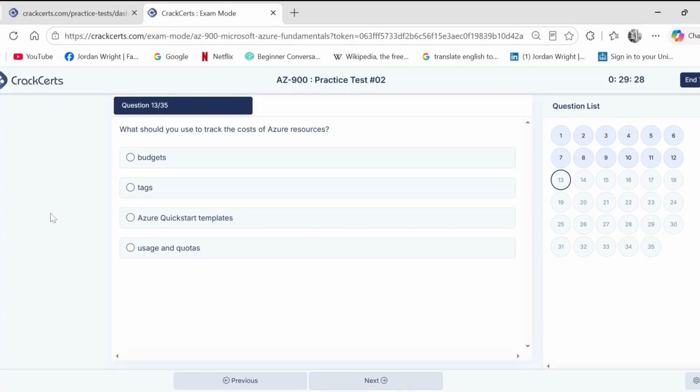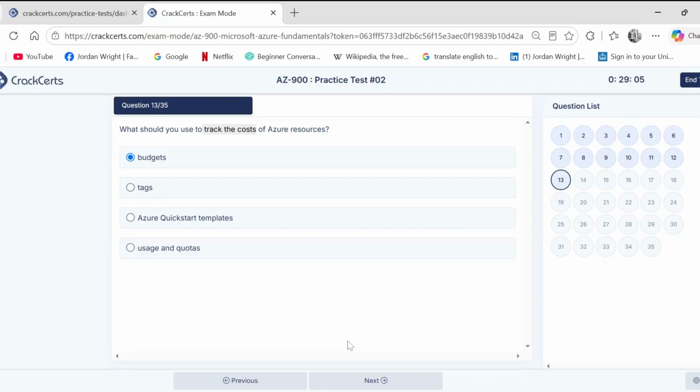Maybe budgets. Can I kick in for a second? What is budgeting? Budgeting is to calculate what you have, the income, you have outcome, and things like that. What are tags? They track the cost of the resources.